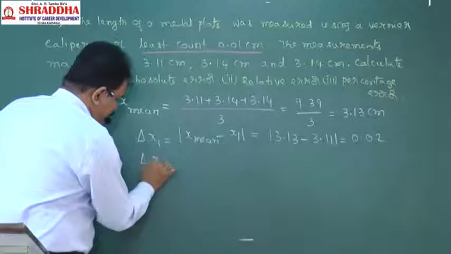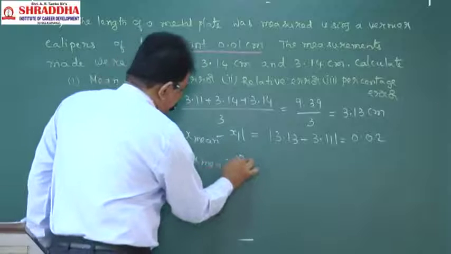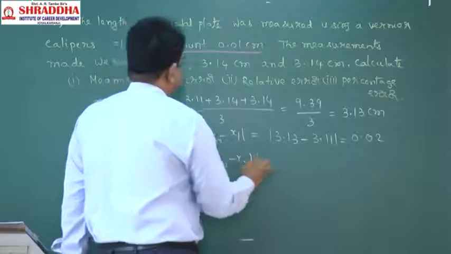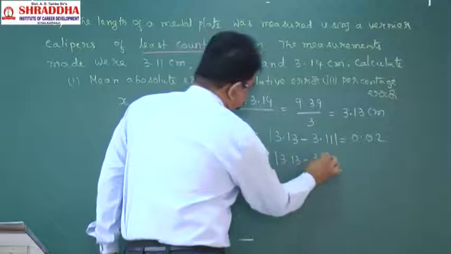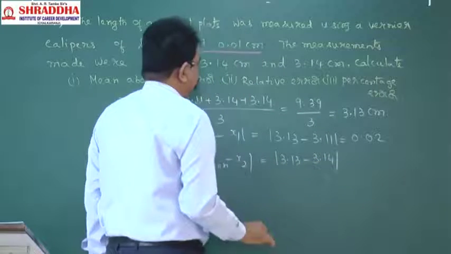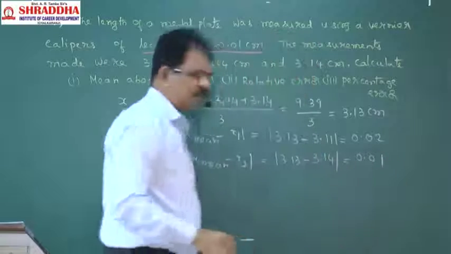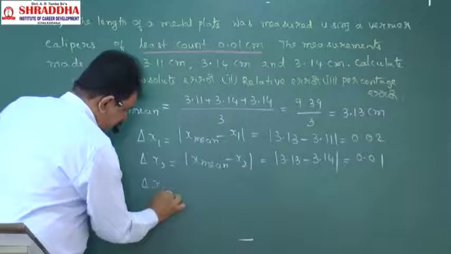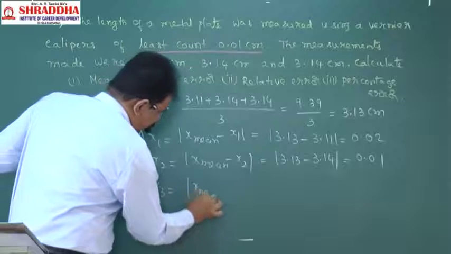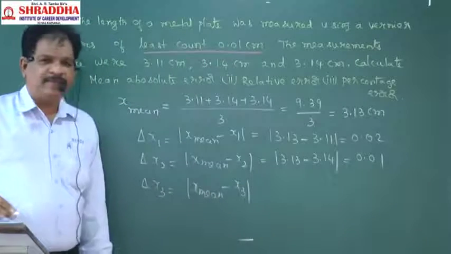Delta x2 is equal to x mean minus x2. So 3.13 minus 3.14, so 0.01. Next, delta x3, modulus of x mean minus x3.